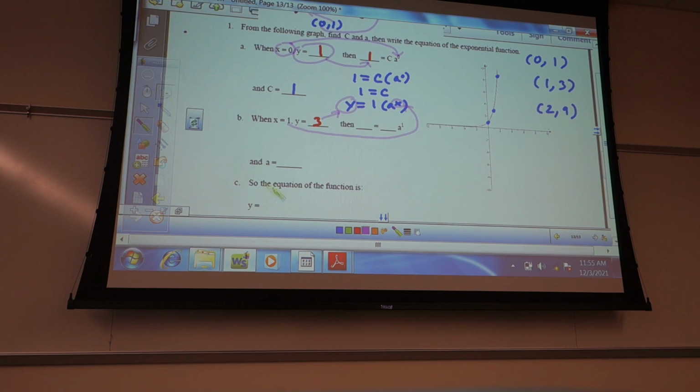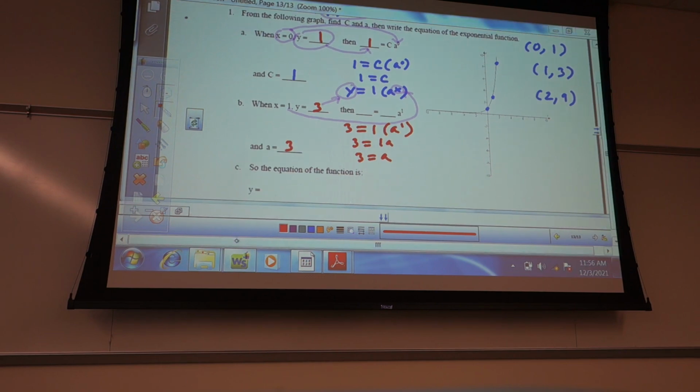So then I'll have 3 equals 1 times a to the 1 power. Okay, so a to the 1 power is really what? A. And 1 times a is still a. So 3 equals a. A is 3.